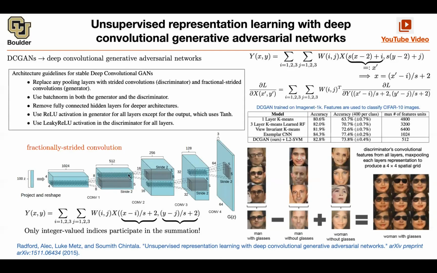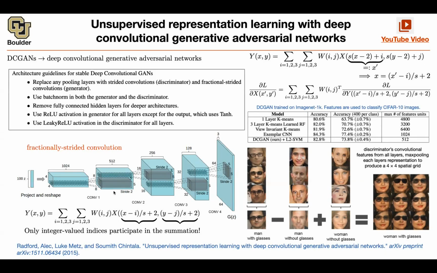First of all, we know that training GANs is not easy. One solution to that is perhaps go ahead and modify your architecture, or go ahead and modify your loss function, or modify your training process, perhaps use a different optimizer. This paper is going to focus on the architecture, and it's going to give us some guidelines, like replacing pooling layers with strided convolutions.